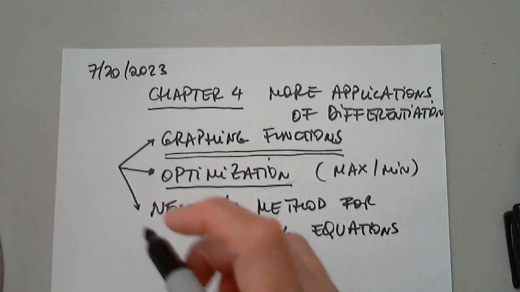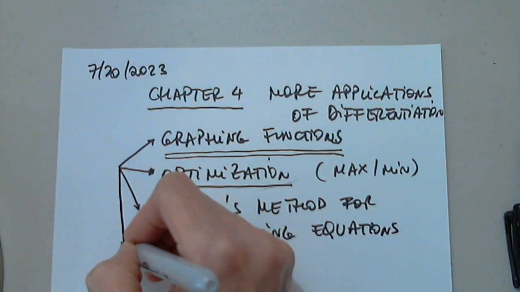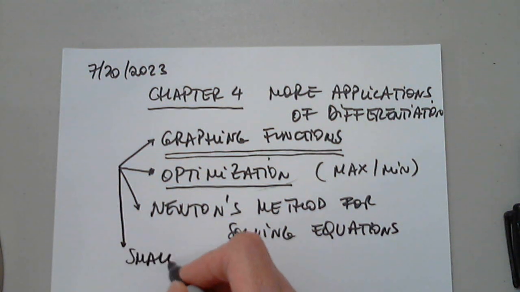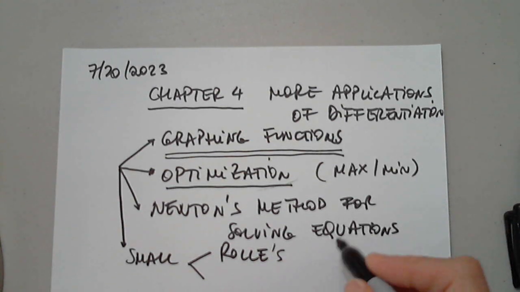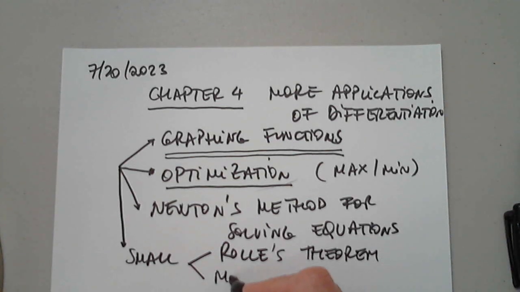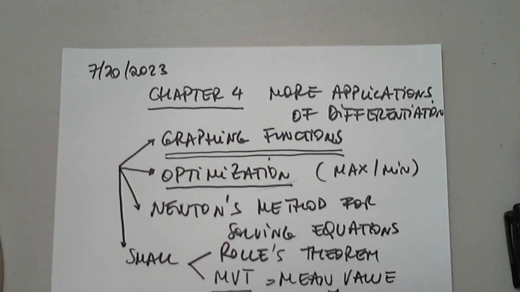There are other tiny topics, 2 small ones, 2 theorems. One is called Rolle, R-O-L-L-E, Rolle's theorem. And the other one is called MVT, mean value theorem.